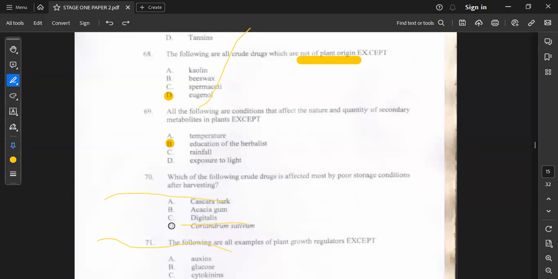I mean, if this coriander is not properly stored, then they'll become dark. I mean, they'll spoil.